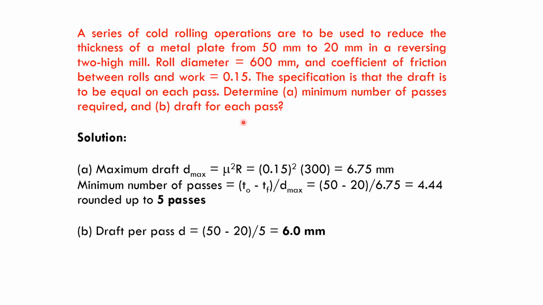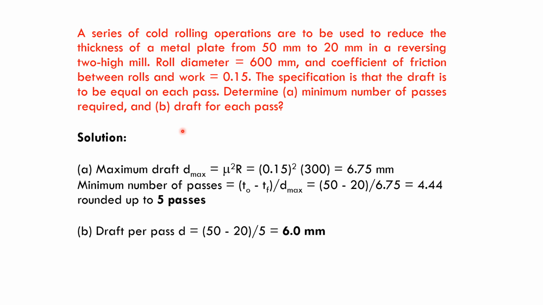When we are given this question, the minimum number of passes, how many times we want to perform the draft to perform the rolling process, first you have to calculate the maximum draft that you can achieve in one pass.